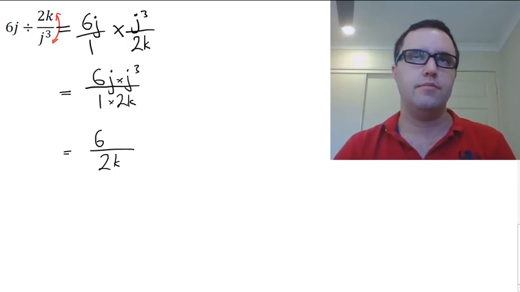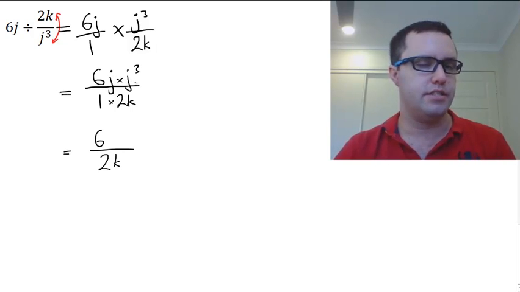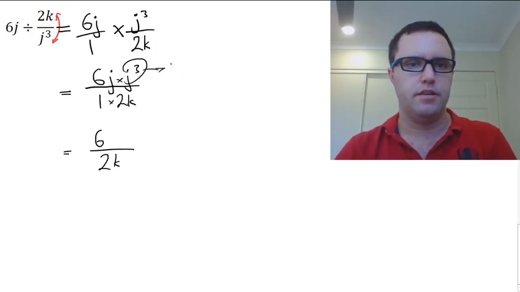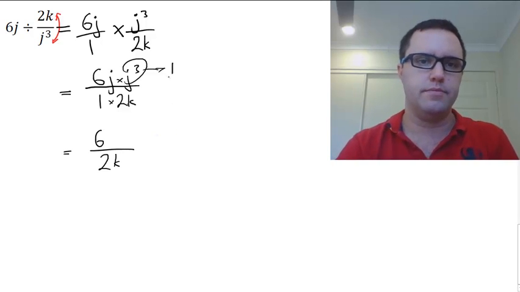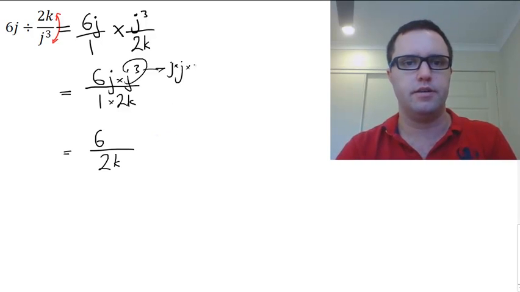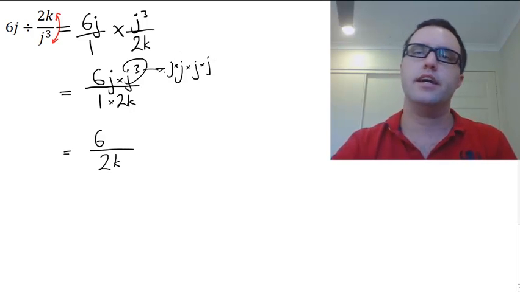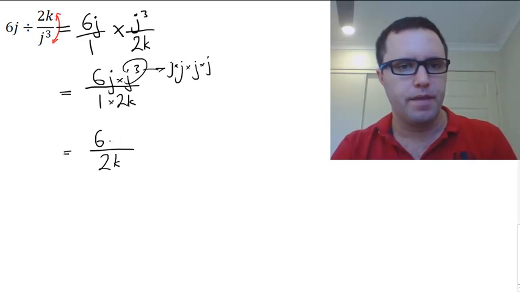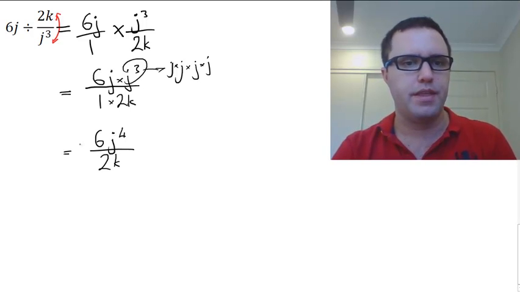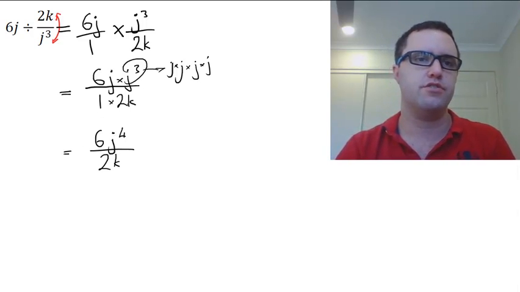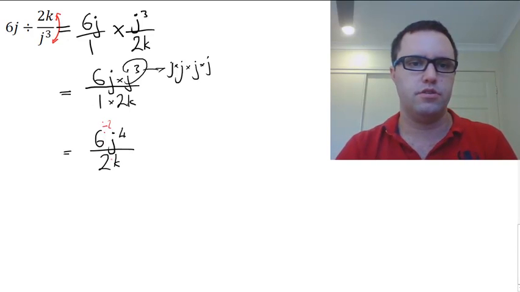Remember, j times j is j squared, and if we add another one in there, that's how we get our j to the power of 4. So that would be j to the power of 4. And we can simplify this 6 over 2 by dividing both of them by 2, and we'll get 3j to the power of 4 over k.